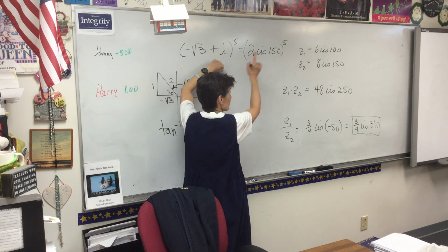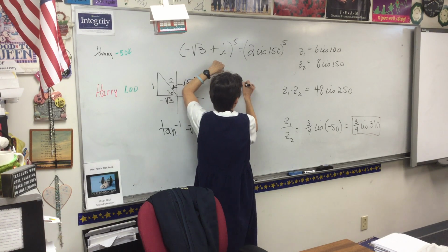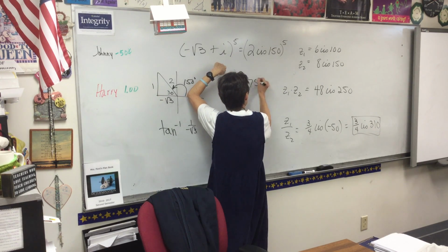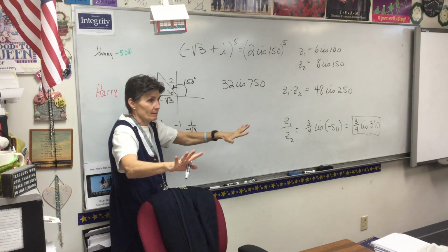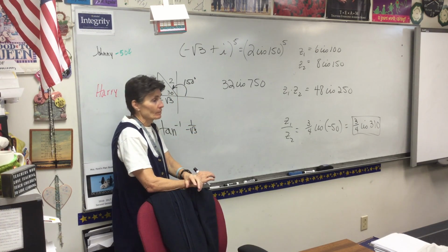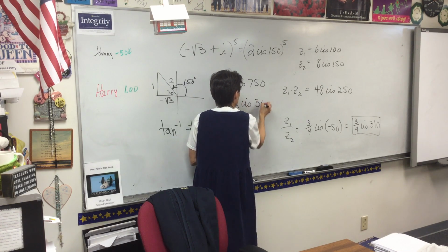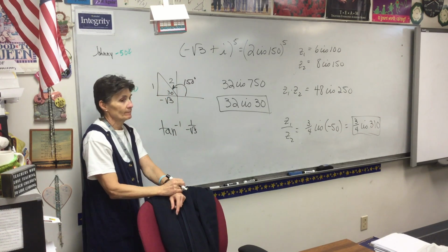So 2 to the 5th, which is 32. And then 150 times 5, 750. You have a calculator, type it in. That's too big, so we'll shrink it down to 30, and there is the answer to the question.